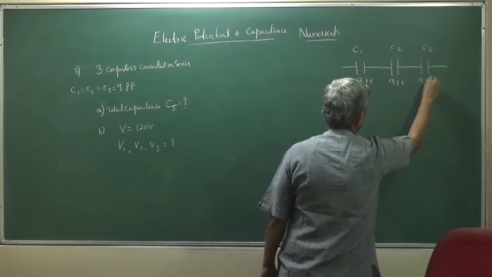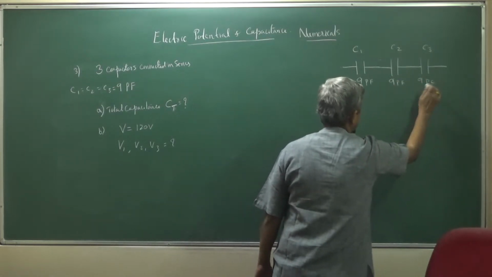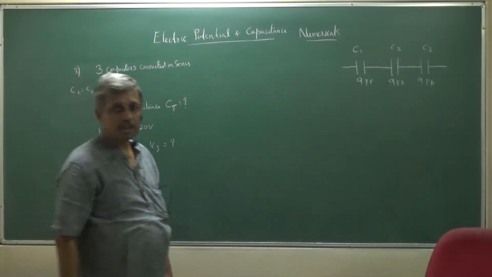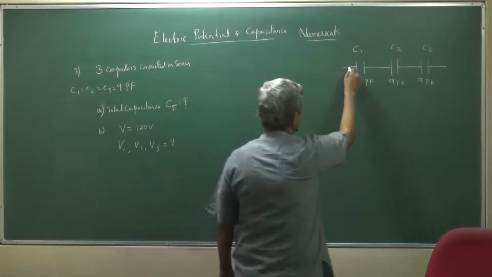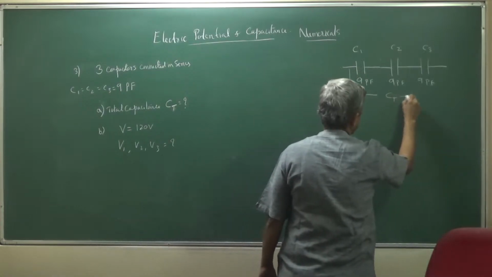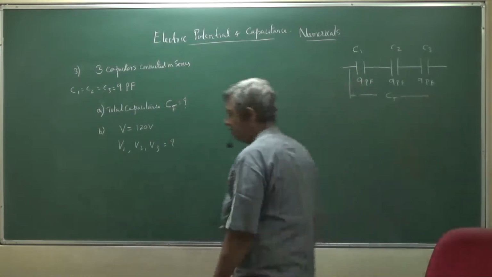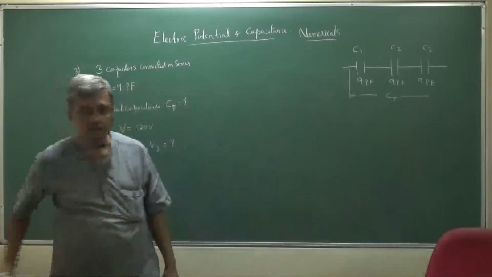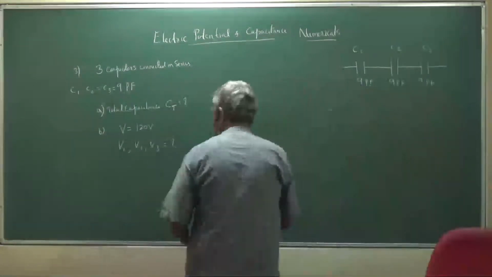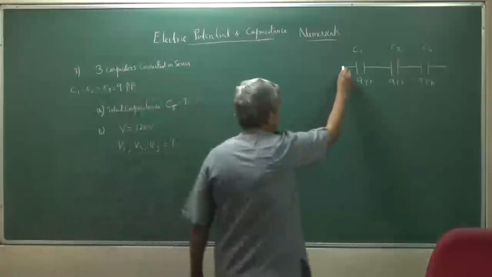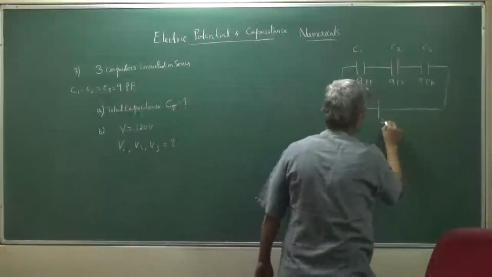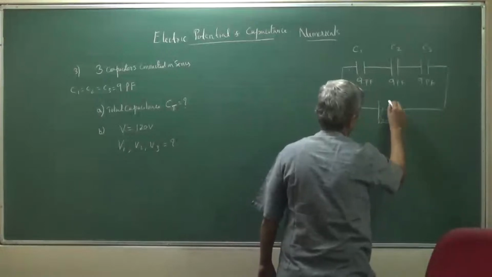Correct? So the question is now, what is the effective capacitance? If I want to find out the capacitance of this, CT it is called. This is connected to a 120 volt battery also. So this is total V.